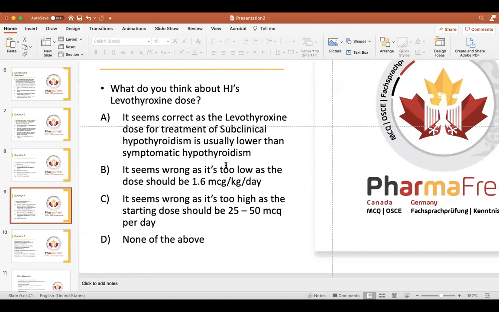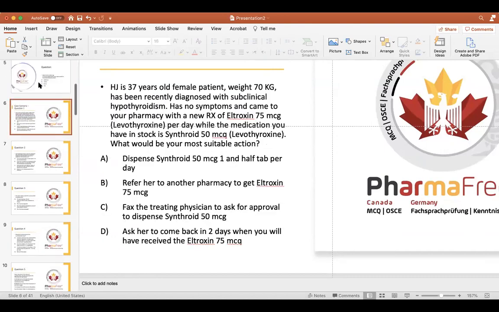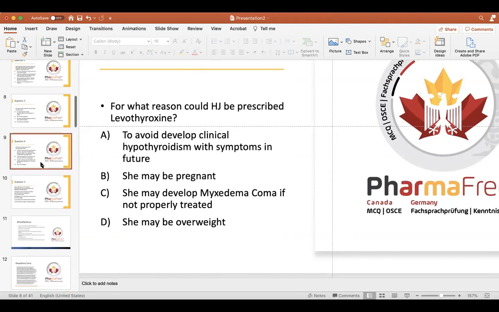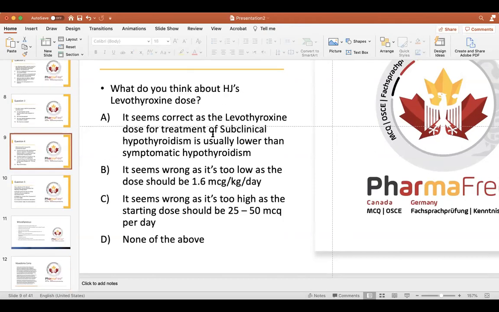So here, she weighs 70 and the dose is 75, so it's almost 1 microgram. The dose is fine. It seems correct that the levothyroxine dose for subclinical is usually lower than symptomatic hypothyroidism.